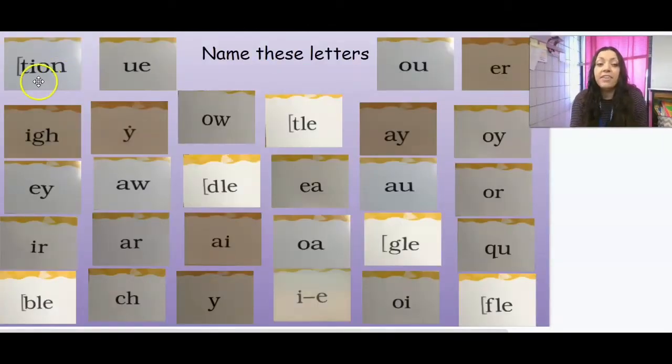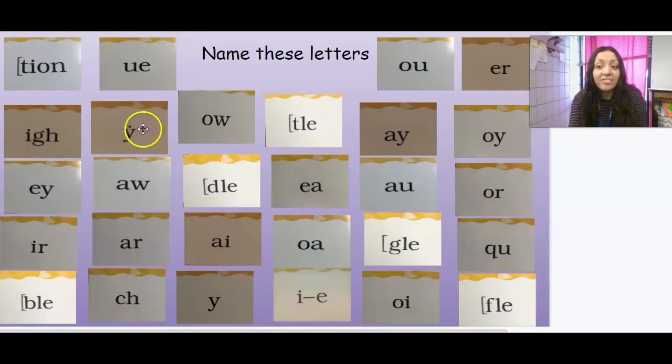Let's go ahead and practice our letter name cards. So first we have, remember, if it has that bracket, it's going to be a final syllable. Final syllable, T-I-O-N. Then we have digraph, U-E. Diphthong, O-U. Combination, E-R. Trigraph, I-G-H.